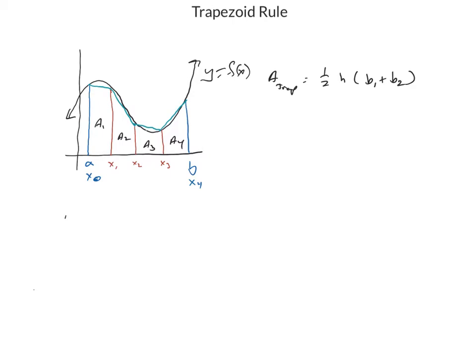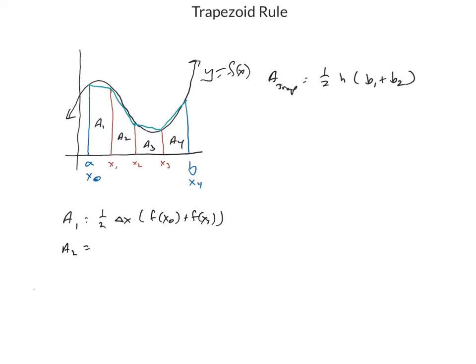So area 1, the area of trapezoid 1, is going to be 1/2 times delta x times the sum of the length of the two bases. Well, in this case, one is at a, which I've called x0, and this one is at x1. So it's going to end up equaling f of x0 plus f of x1.